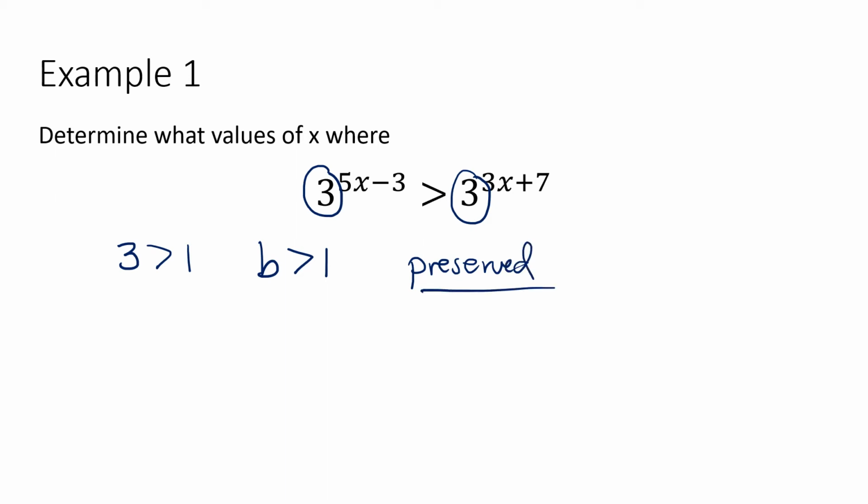Therefore, all we have to do is compare 5x minus 3 and 3x plus 7, preserving the inequality sign.